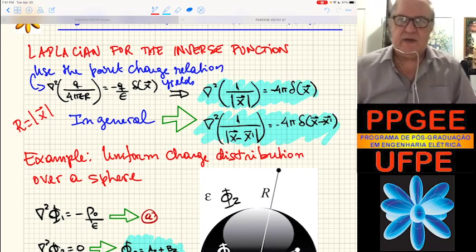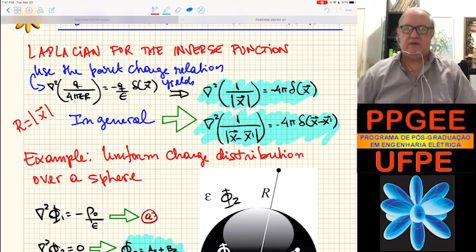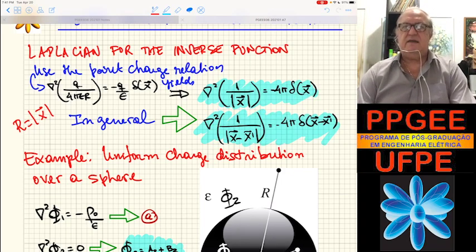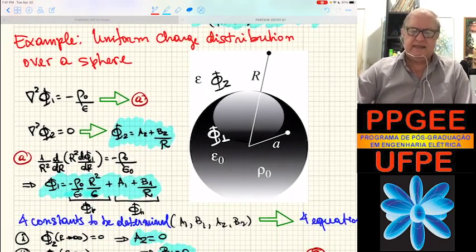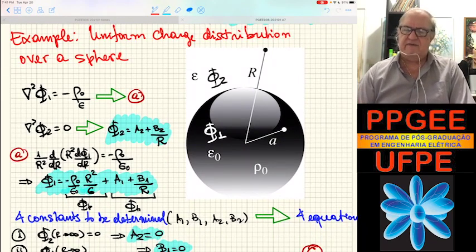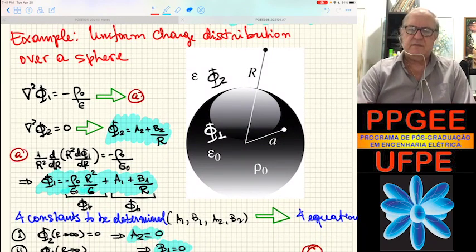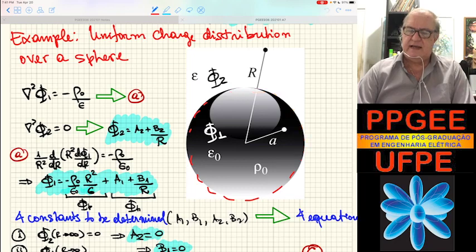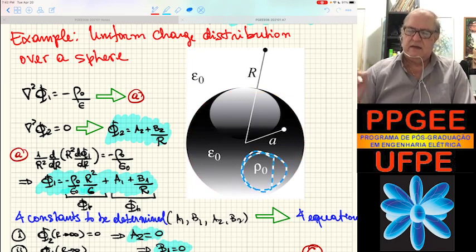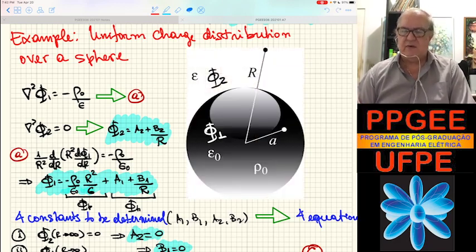Let's do some additional examples of solving Laplace's equation. I'm going to just outline the solutions, and I ask you to work out those solutions. Let's say this problem here, in which you have a region inside a sphere of radius a, which has a uniform charge distribution of rho 0.